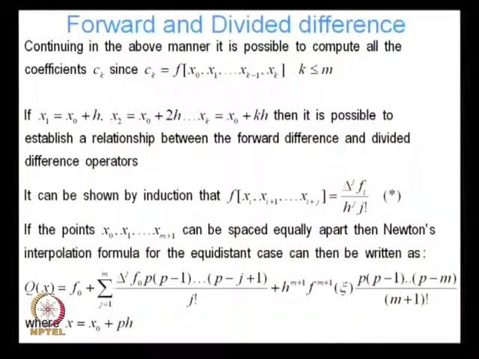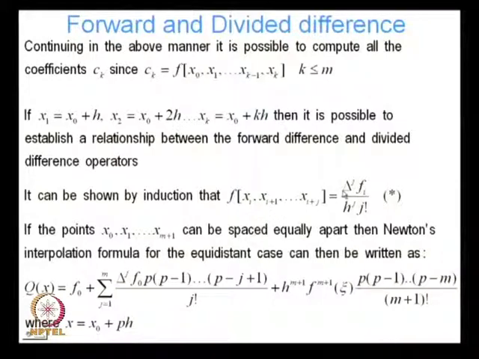But now if we make a further simplification, if we assume that my grid points are equally spaced, that is, if x0 is my initial point, x1 is equal to x0 plus h, x2 is equal to x0 plus 2h, x3 is equal to x0 plus 3h, x_k is equal to x0 plus kh, then it is possible to establish a relation between the divided difference operator and the forward difference operator that we encountered earlier.